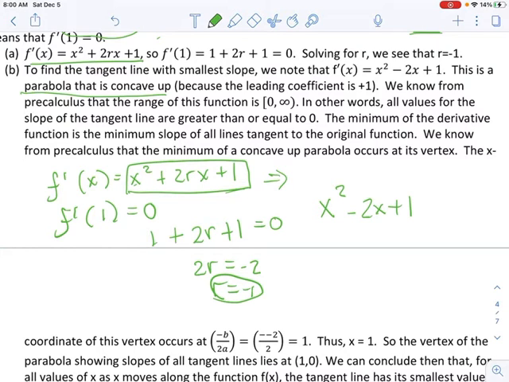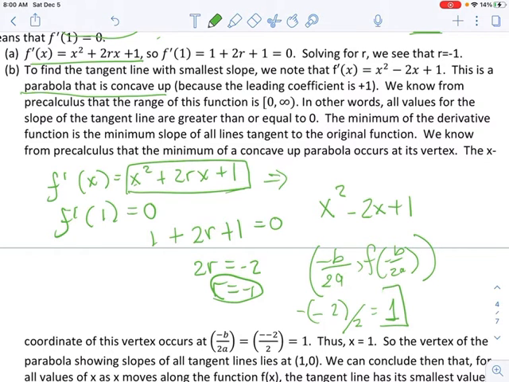So we know from pre-calculus that the vertex of a parabola is -b over 2a, comma f of -b over 2a. So when we do that, the x-coordinate is going to be -(-2) divided by 2 times 1, which is 2. So that becomes 2 over 2, which is 1.